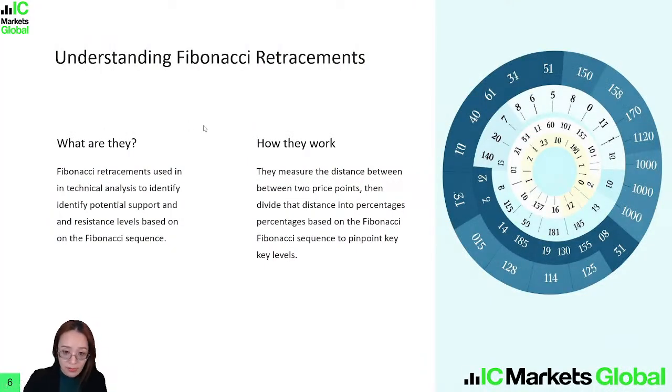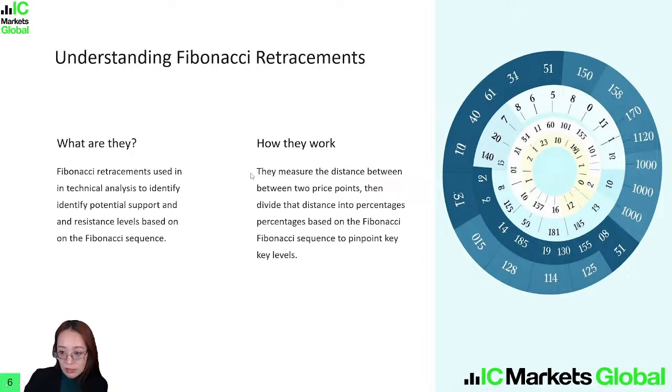Understanding Fibonacci retracement. So what is it? Fibonacci retracement is used in technical analysis to identify potential support and resistance based on Fibonacci ratios.